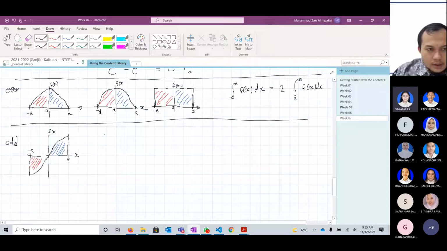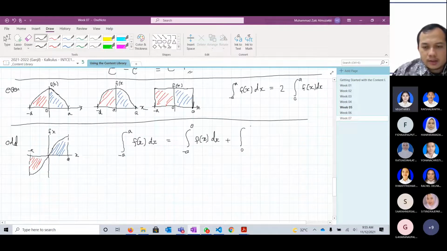In this case, if the function is odd, then the integral from minus a to a of f(x) dx is equal to, let's say we split them into the integral from minus a to 0 of f(x) dx plus the integral from 0 to a of f(x) dx, yeah.